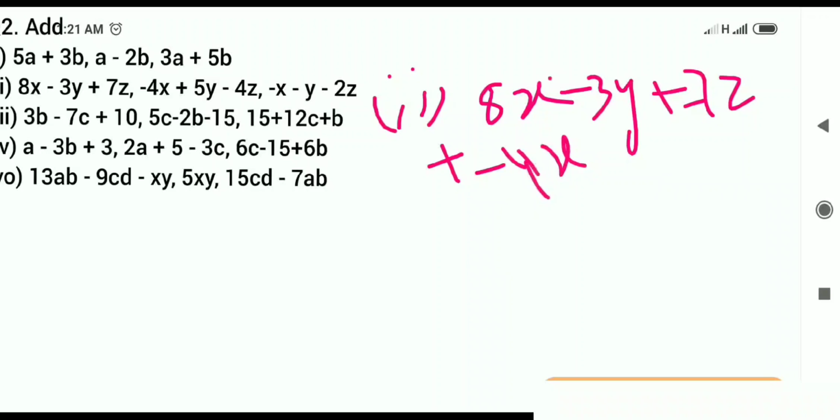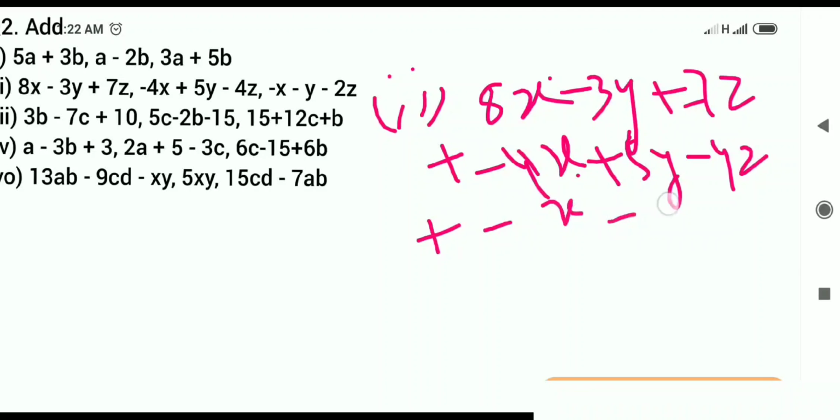Remember to write all the same variable in the same column, plus 5y minus 4z, plus minus x minus y minus 2z.